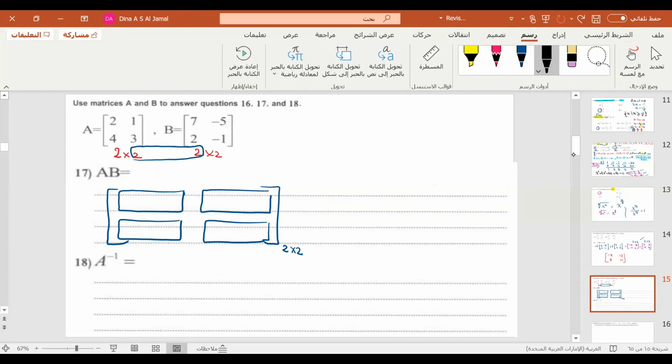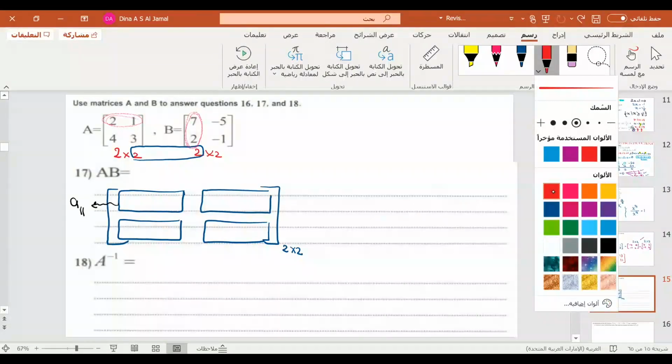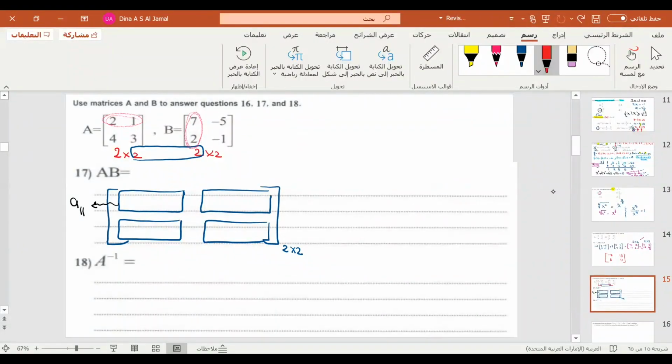So when you would like to perform the multiplication, the easy way is to look at the location of this. So if you looked at this location, that means it is the element which is having a 1, 1. That means look at the first row, first column. And these are the two that I will be using to be multiplied and added.